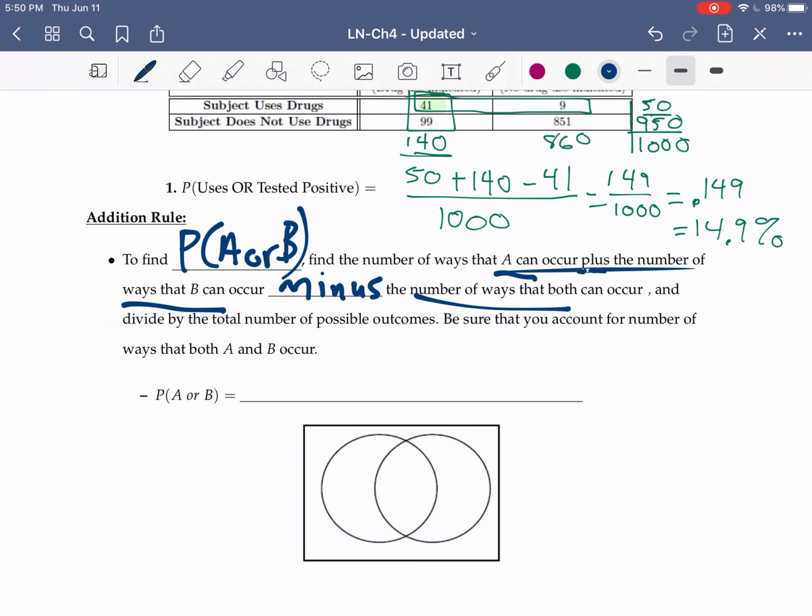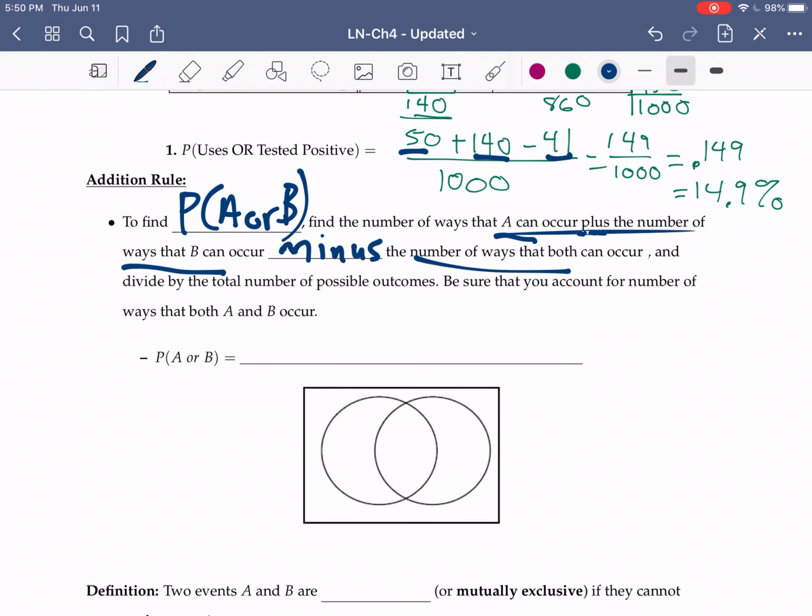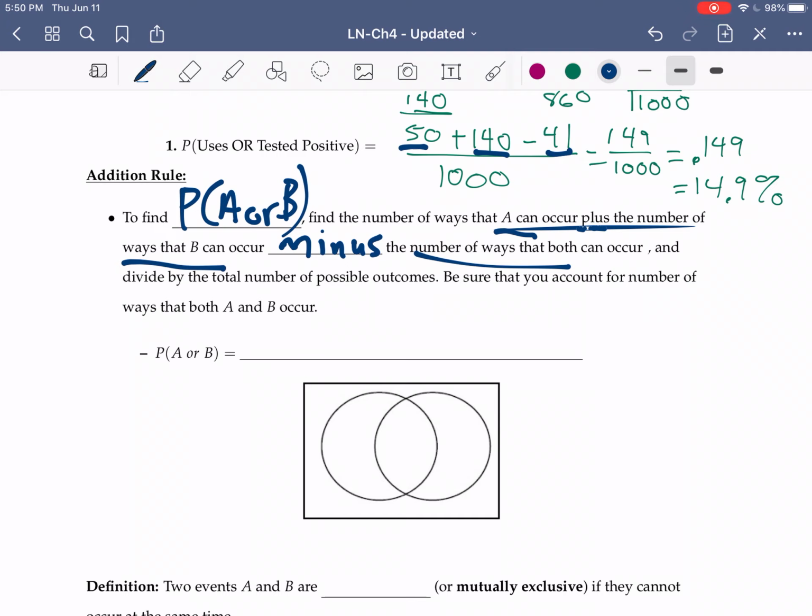That's what we did up here. We took all of those where A can occur, plus all the ways B can occur, so the number of users plus the number of positive, minus the number that were both users and positive, because we've double counted those.